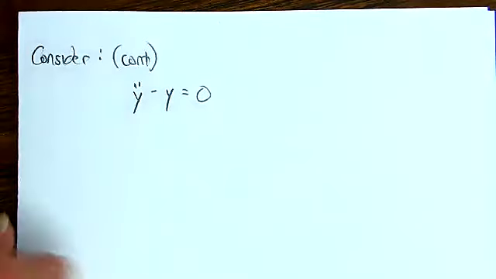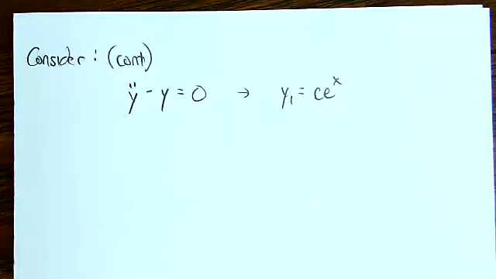So what we started with, let's recap real quick. What we started with was the differential equation y double dot minus y equals 0. And somebody told us e to the x is a solution to this differential equation.